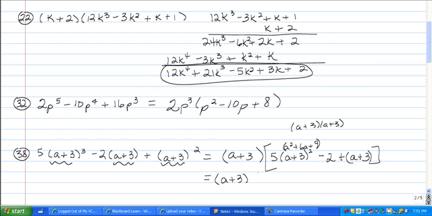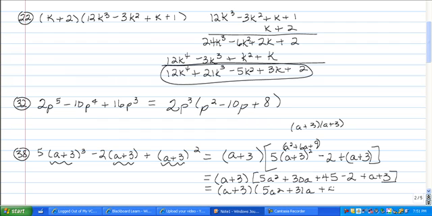Okay, so we're going to have 5a squared plus 30a plus 45 minus 2 plus a plus 3. And we're almost there. We just need to simplify what we have in the square brackets. 5a squared plus 31a plus, let's see, plus 46. Because that's going to give us 43 plus 3.